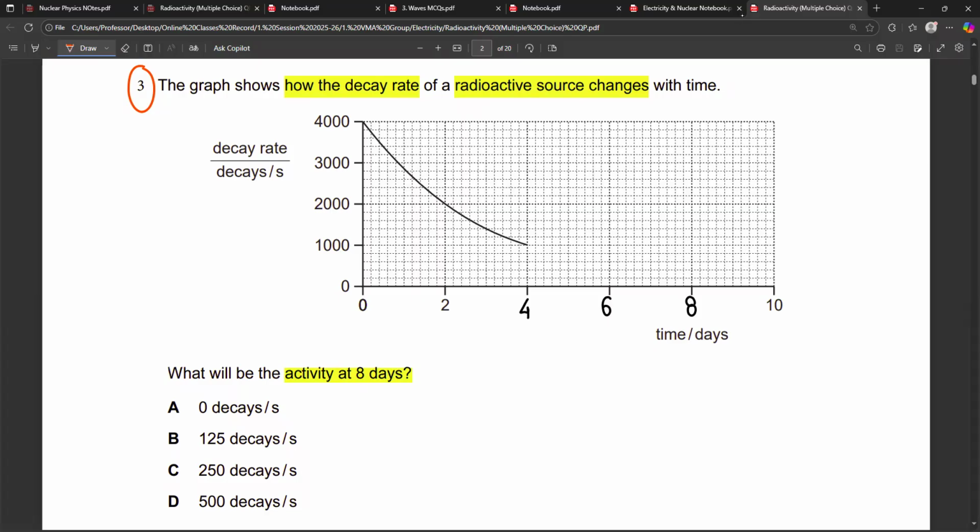So now you can see we started from 4,000. So always focus on the initial value. This is the initial value. So the initial value is 4,000.